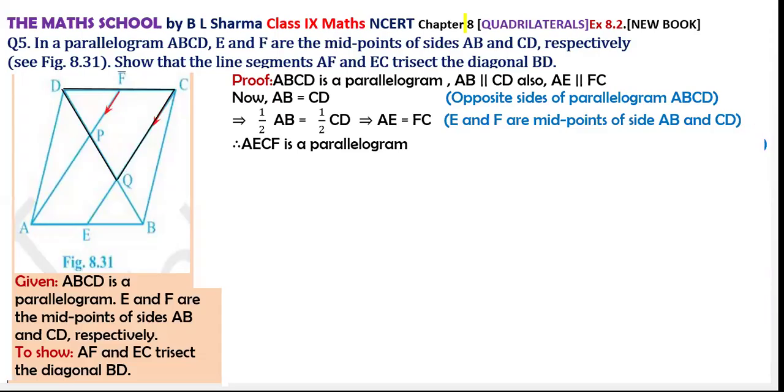we have to consider this triangle now. Next, this triangle. This triangle A, B, P. This line is parallel to this line because opposite sides of parallelogram AECF. तो ये line और ये line इसमें पैरेलल है.